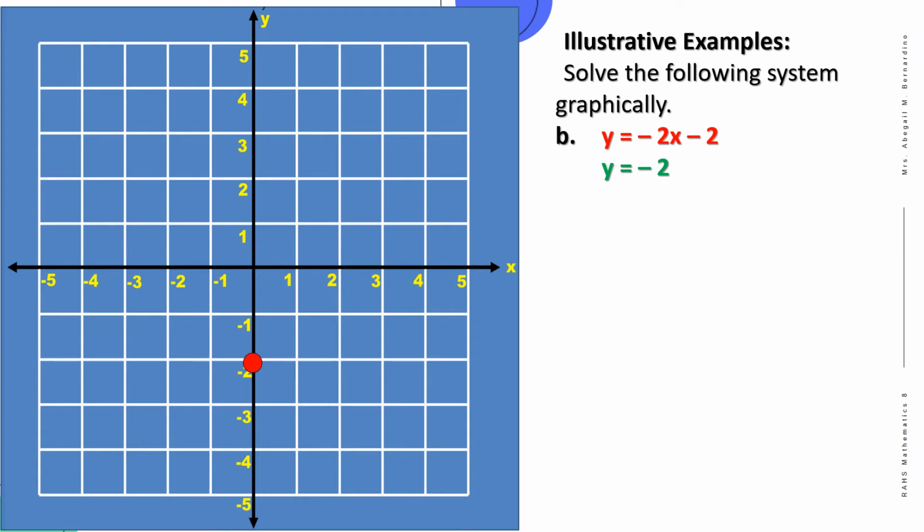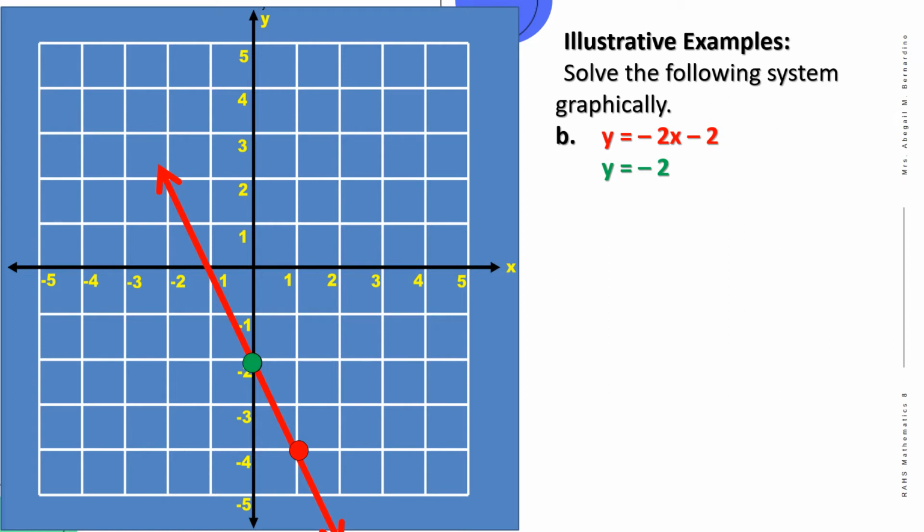And we have negative 2 as a slope. We're going downwards 2 units and going to the right 1 unit. Here it is. And connect the points.